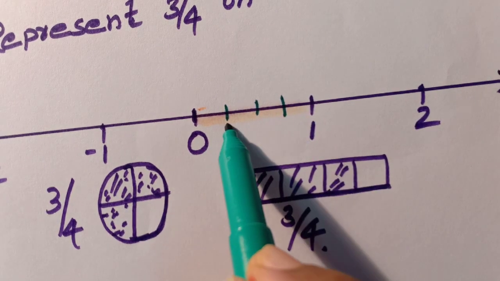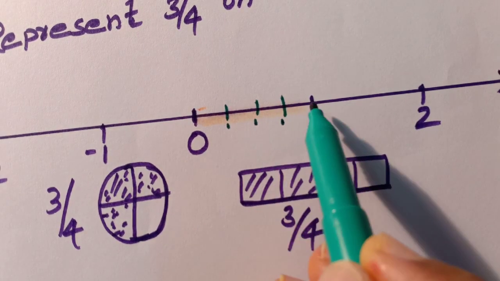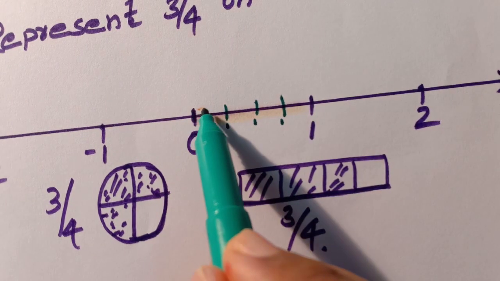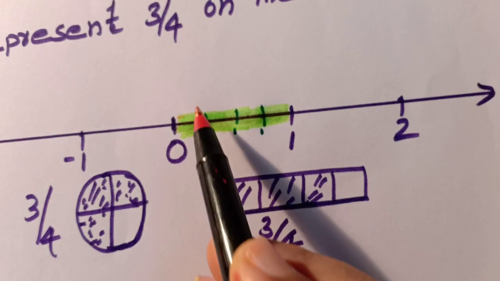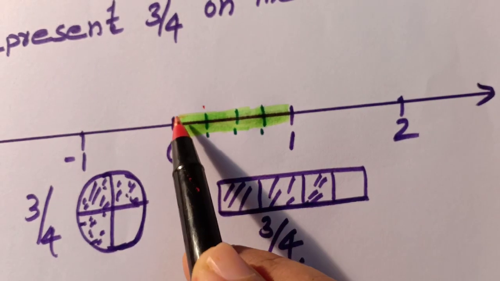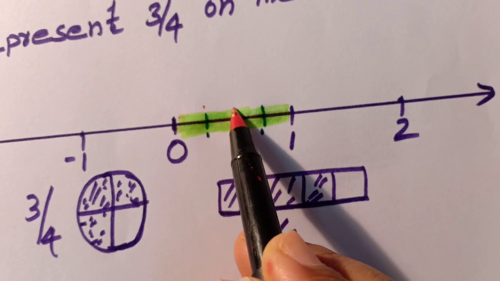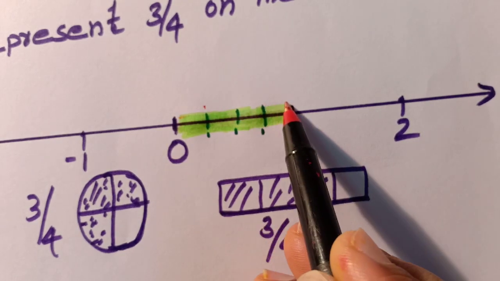1, 2, 3, 4. Isn't it? It has 4 equal parts. Among these 4 divisions, this is 1 part, then the second part, third part and fourth part.